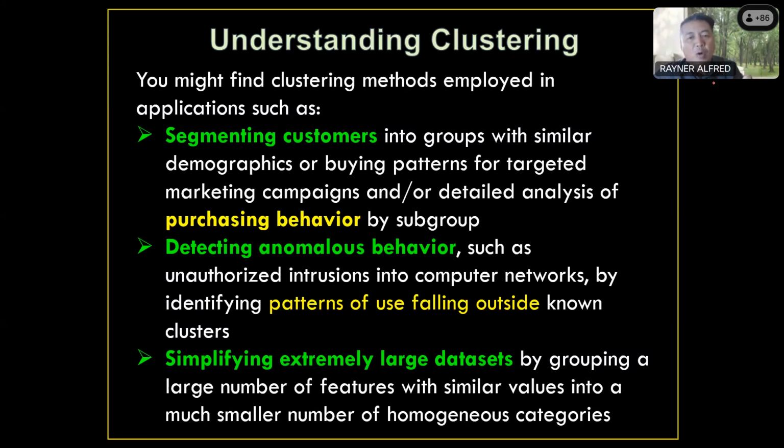But all these records are clustered based on the values that you have in the 50 columns or the 50 features. So we say that we are simplifying your large data set by just grouping them into groups or clusters.